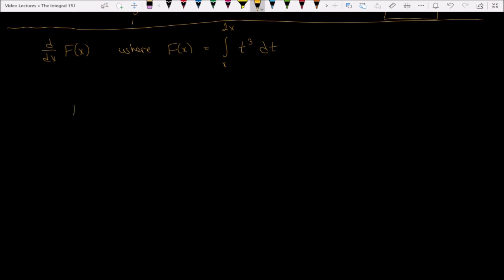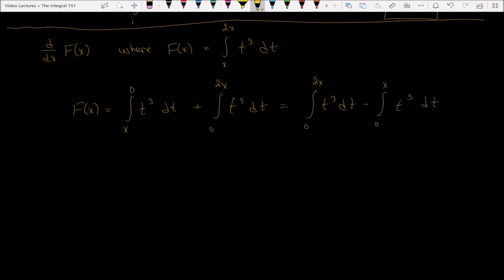First, let's go ahead and write f of x as a sum of two integrals, x to 0 plus 0 to 2x. And then we can write this as the integral from 0 to 2x of t cubed minus 0 to x of t cubed. Now the second integral already fits the form for part 1 of the fundamental theorem.